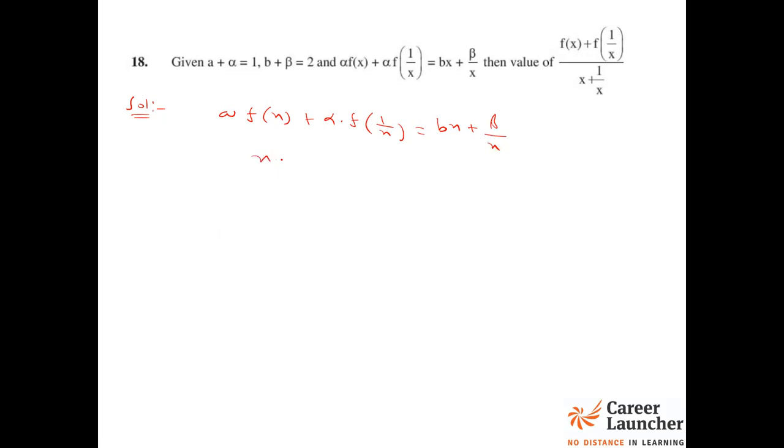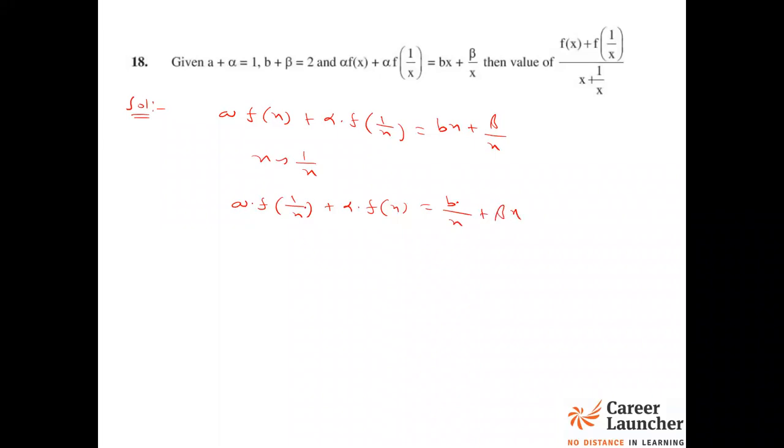Now in place of x, replace 1 by x. Substituting x with 1 by x will become a times f of 1 by x plus alpha times f of x is equal to b times 1 by x plus beta times x.